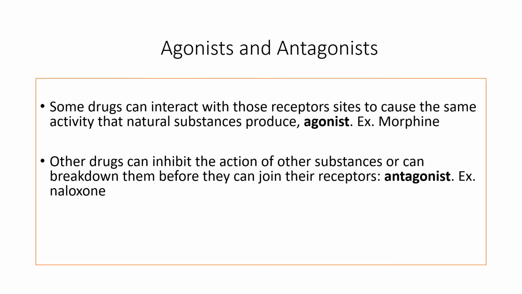It is the case of the naloxone. Naloxone is an antagonist of the morphine, of the opioid, that when a person has too much stimulation of the receptors of the morphine, the naloxone blocks those receptors, inhibiting the action of the morphine.